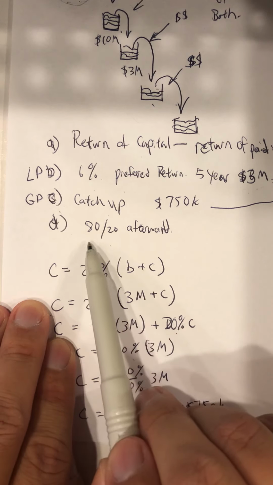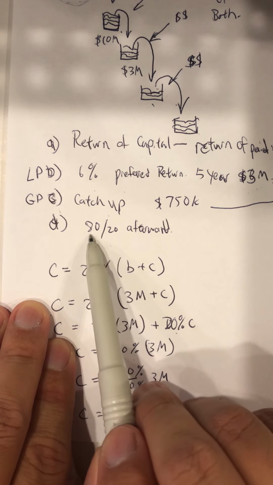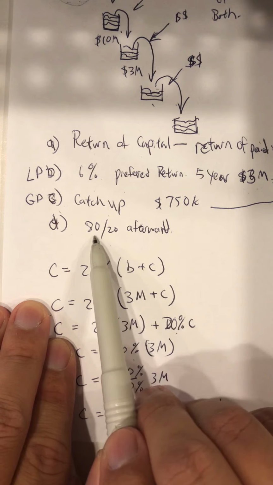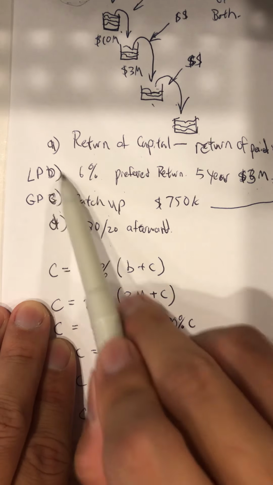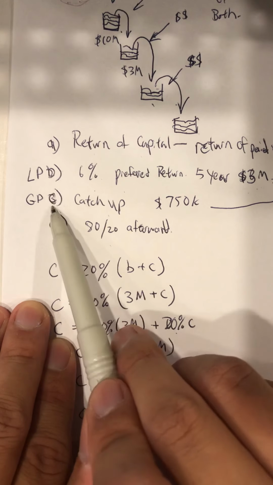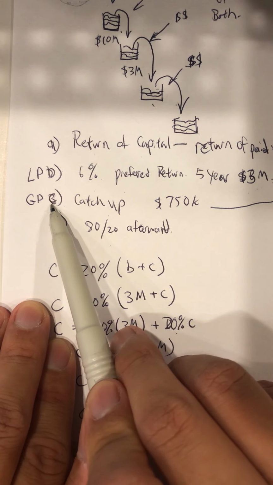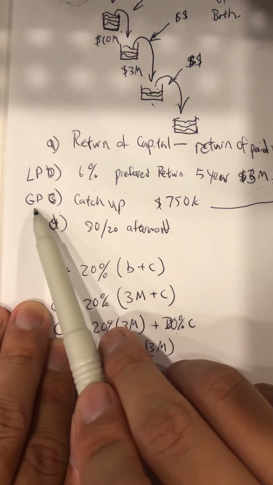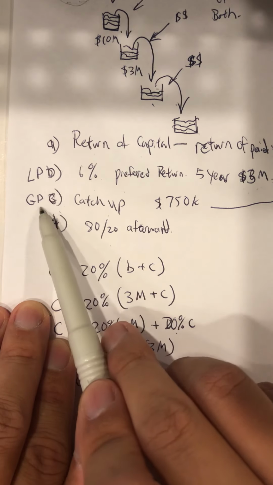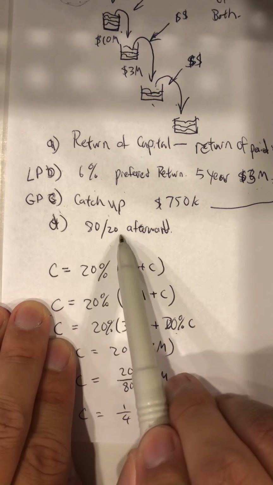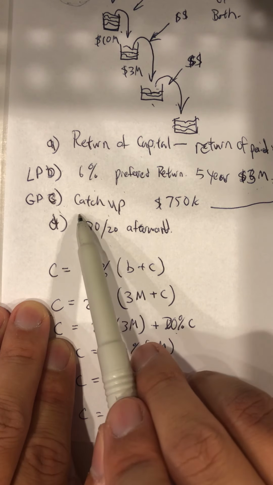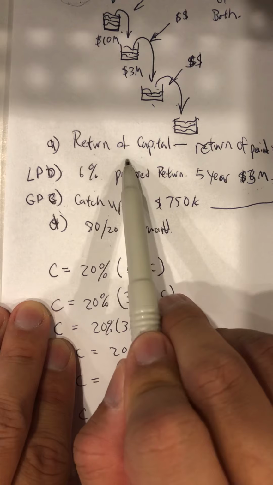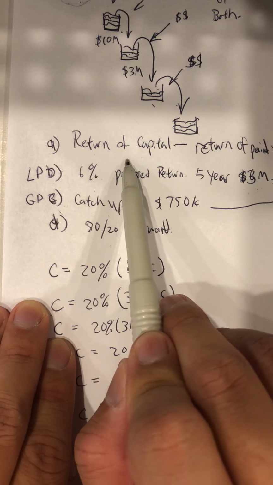And then going forward, if we were to do 80-20, 80 to the LPs and 20 to the GP, then here, after these two steps, we are already 20-80. Or 80-20, however you want to say it, right? 80 to the LP and 20 to the GP. So subsequently, if you go more 80-20, then this whole ratio after the distribution of return on capital will be 20-80.